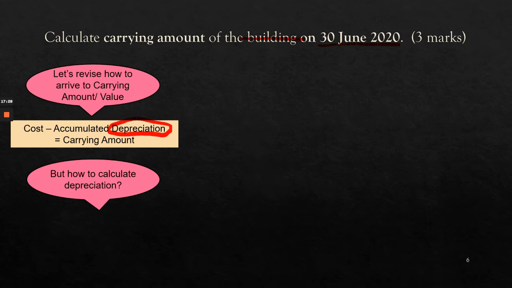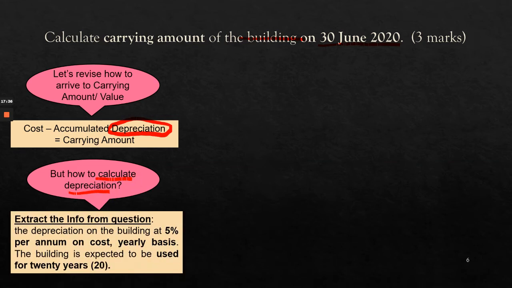Before you can calculate accumulated depreciation to arrive at the carrying amount, you need to calculate the depreciation. To calculate the depreciation, let us extract some information from the question. 5% is the rate. On cost tells you the straight line method. Yearly basis is the basis. And the expected useful life was 20 years.